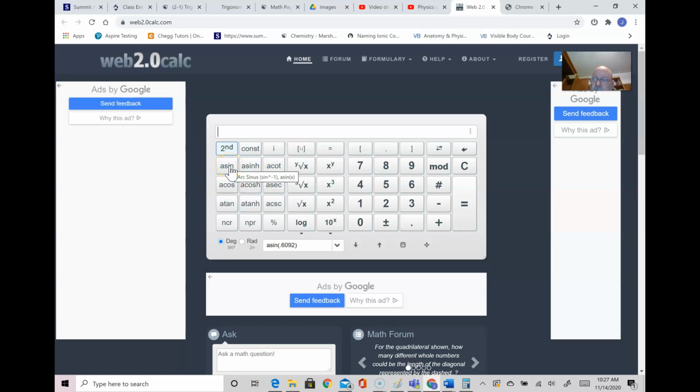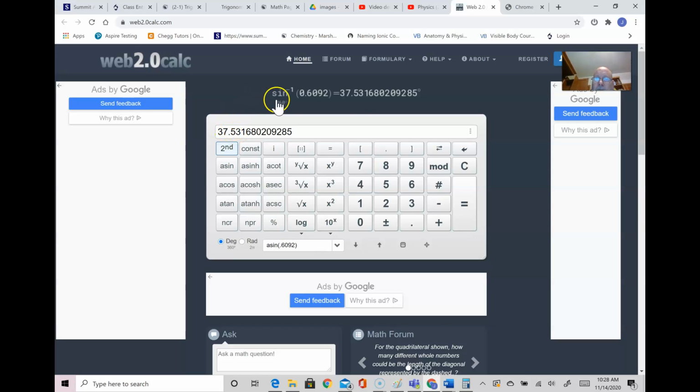When you hit that second sine button, it'll show you sine to the negative first on your calculator, and it will give you a parentheses, and you just plug the value in, 0.6092, and hit that, and it will give you the value of the angle. So the angle is 37.5 degrees.